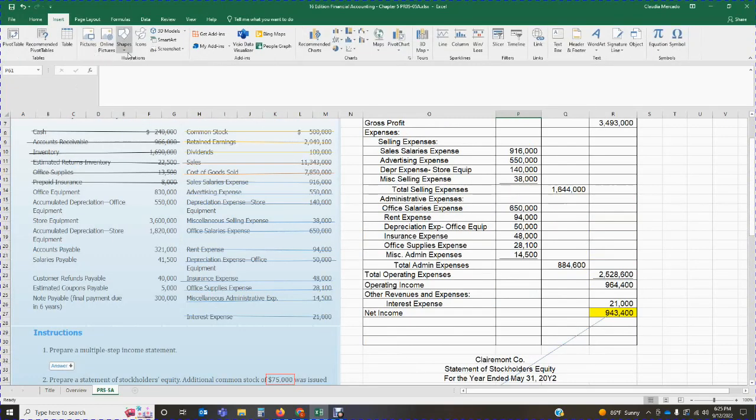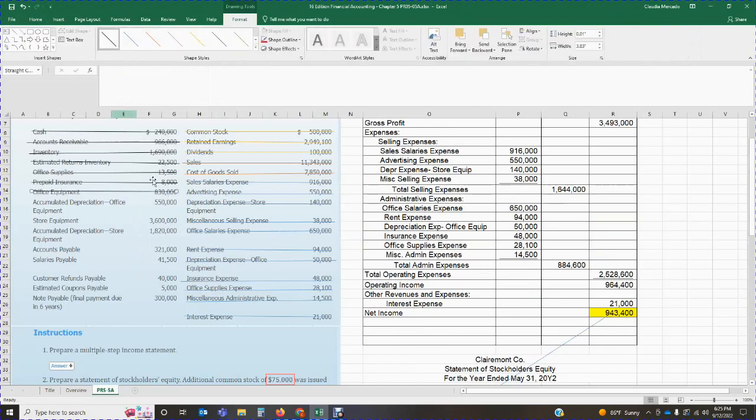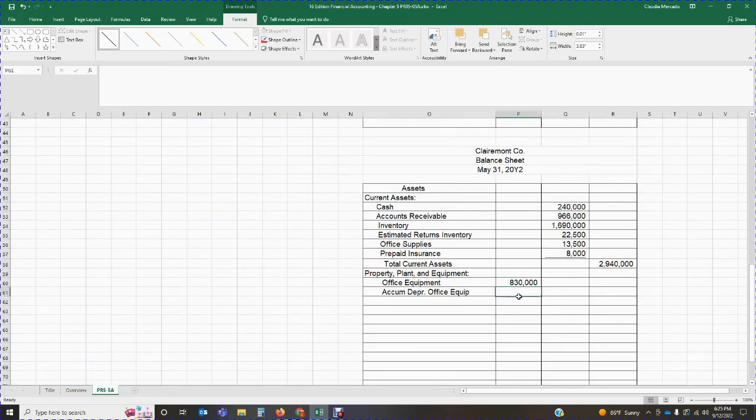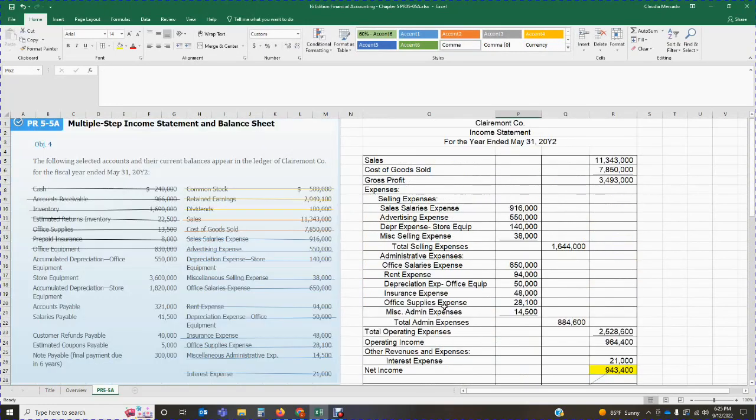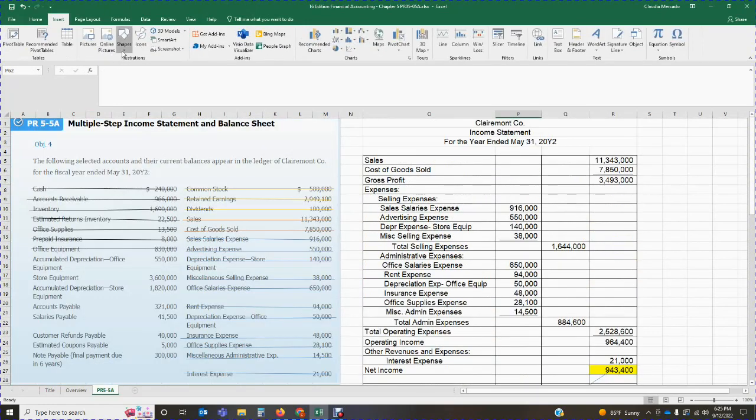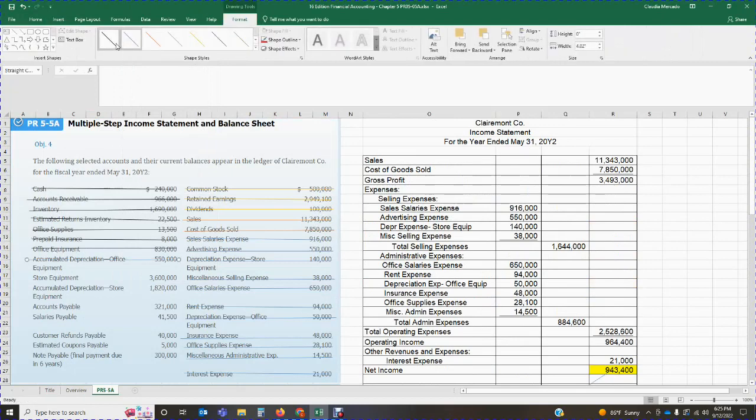And let's mark these off. My office equipment was already used. Now my accumulated depreciation on the office equipment is $550,000. That is how much we have depreciated this asset in our books. Okay, $550,000. Right there. Okay.